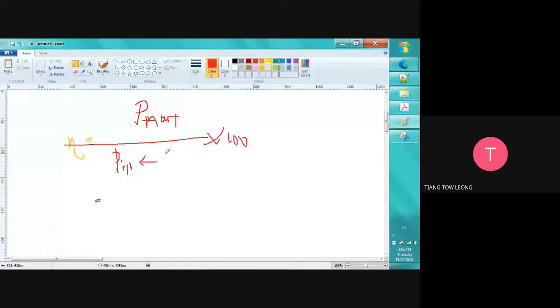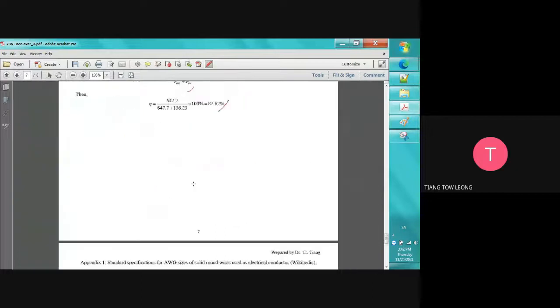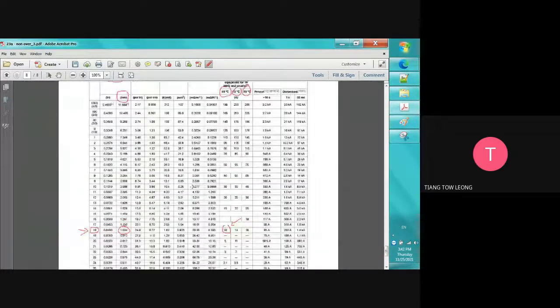The input is P output plus P loss. Usually our losses are copper losses, windage, stray, something like this, but we already ignore those. So our losses are only P copper. That's why our formula becomes P out divided by P out plus P copper, then times 100%. This is the efficiency. Okay or not?